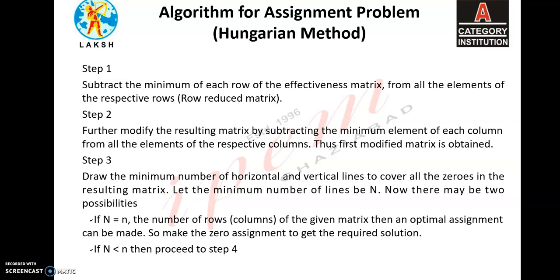Step number 1, subtract the minimum of each row of the effectiveness matrix, that is the row reduced matrix. Step number 2, further modify the matrix by subtracting the minimum element from each column.